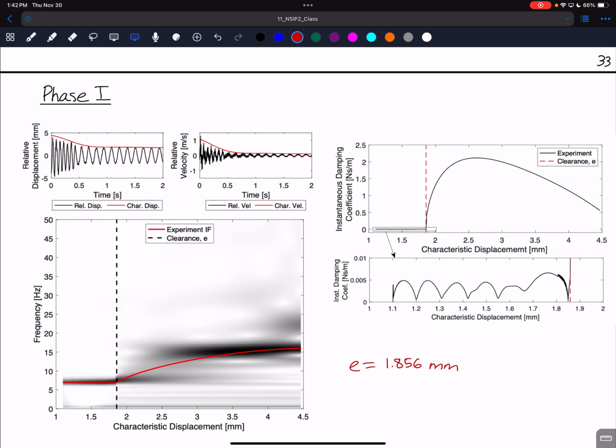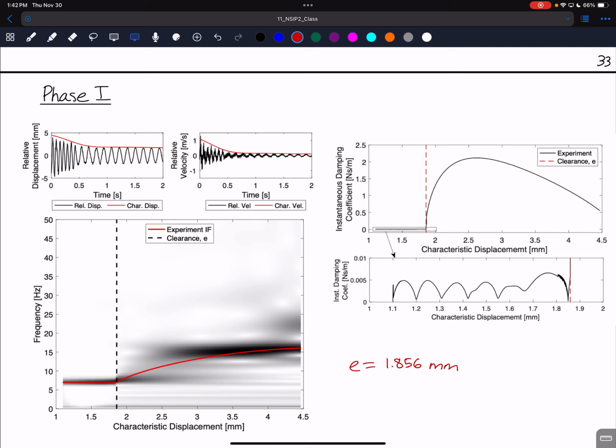That dashed black line corresponds to a characteristic displacement of 1.856 millimeters, which is very close to the design value for this clearance. It's very difficult to measure clearance gaps like this accurately because the flexures are so thin and flexible that by measuring it, you end up pushing the attachment away. So you artificially inflate that measurement. But it's very close to the design one.